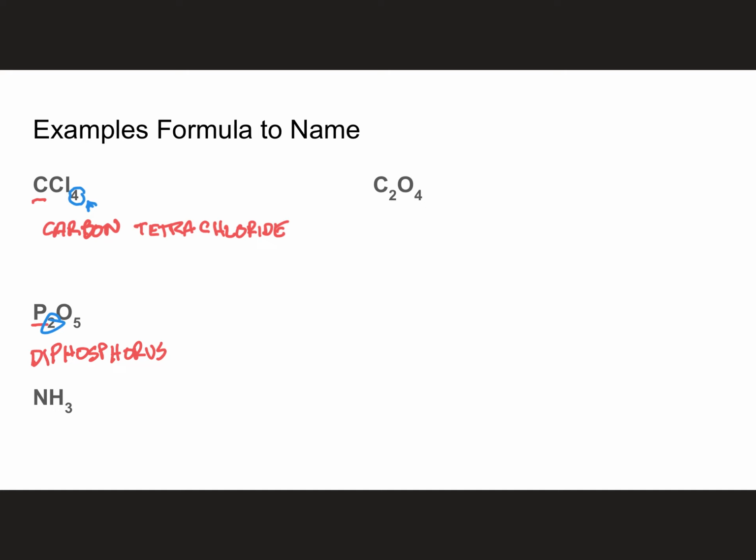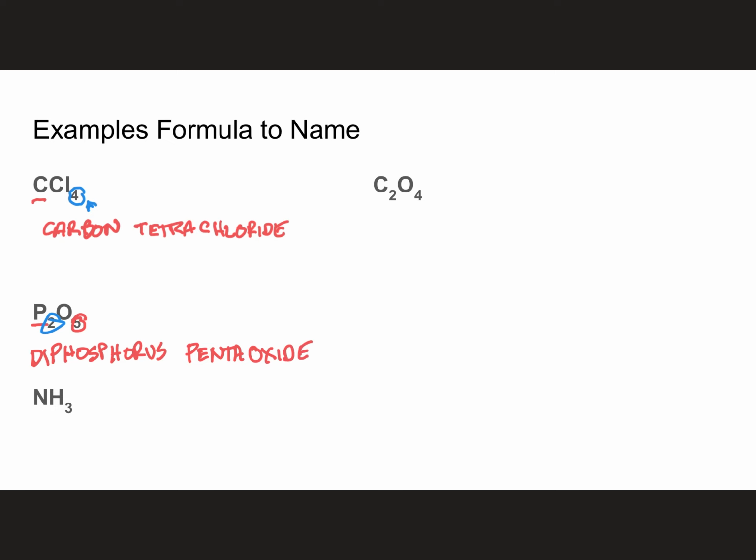So it's diphosphorus. Again, we leave a space between the diphosphorus and the next part of the name. And we look here, and we see a 5. And the Greek for that is penta. So we write penta, and then oxide.